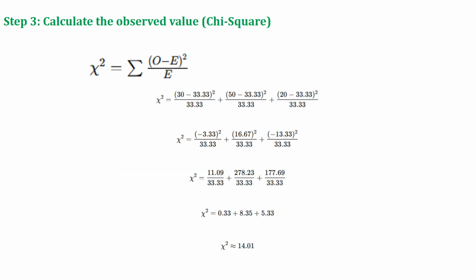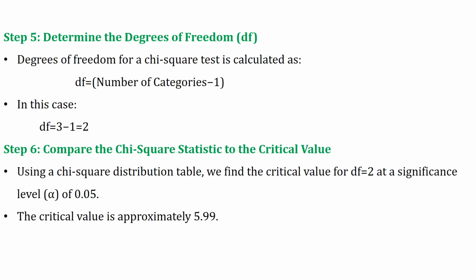Use the formula to calculate the chi-square statistic. Degrees of freedom equal 3 minus 1, equal 2. For degrees of freedom 2 and p less than 0.05, the critical value is 5.99.